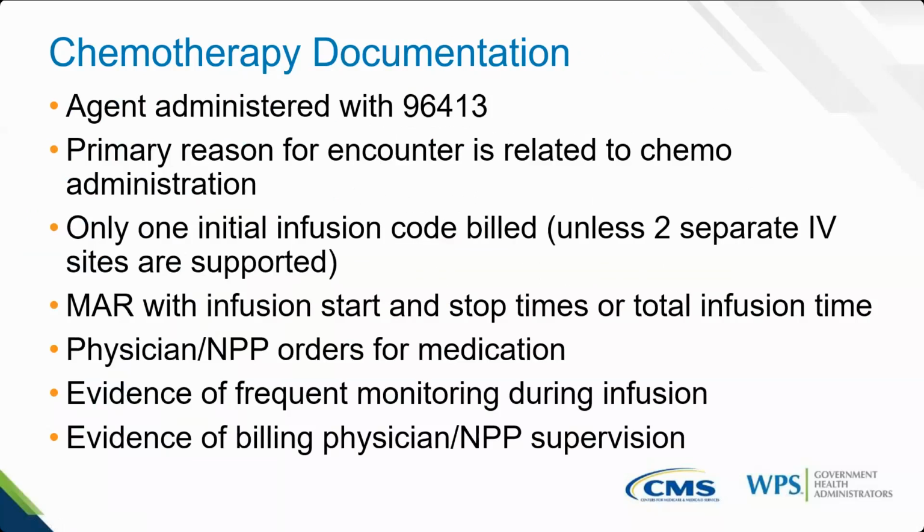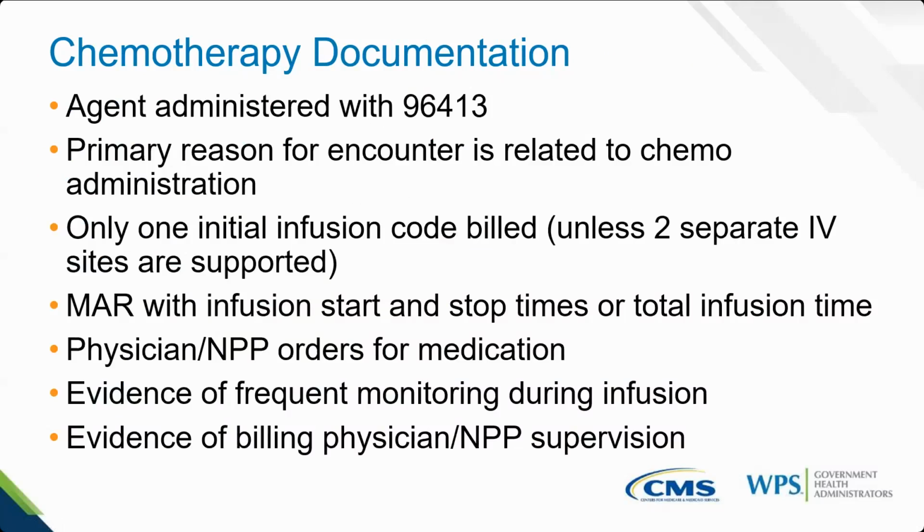So as we move on and talk a little bit more about the chemotherapy documentation, documentation for administration must support the CPT code that you're billing. So again, CPT 96413, which falls under the injection and intravenous infusion of chemo and other highly complex drugs and biologics.